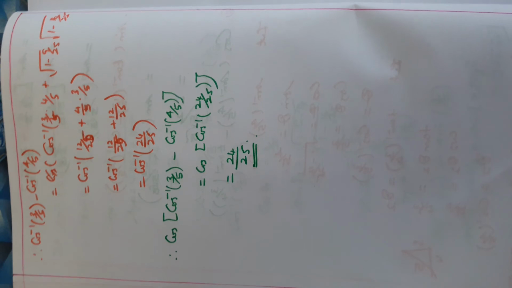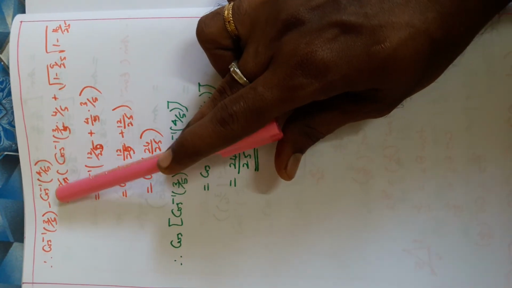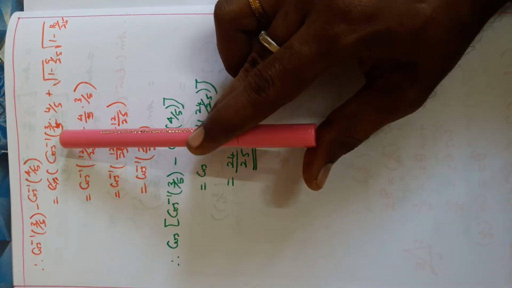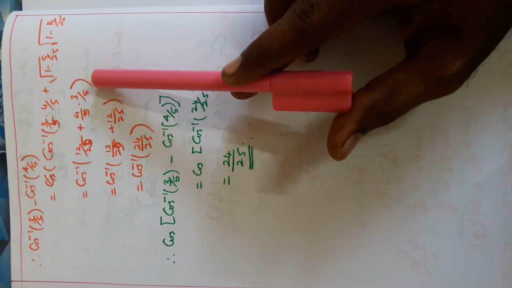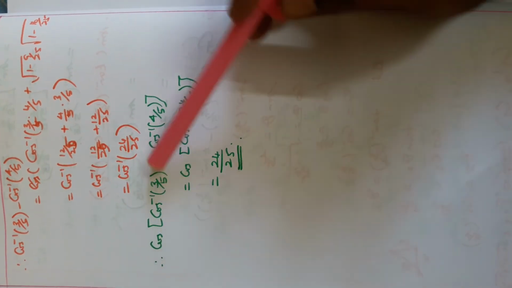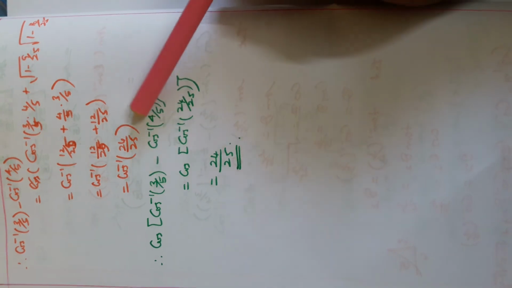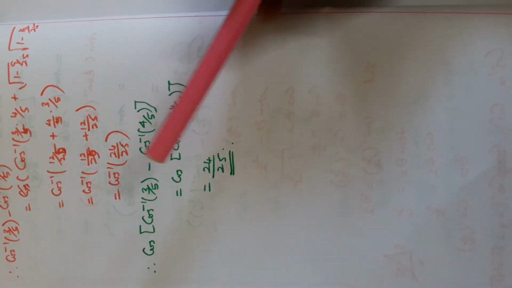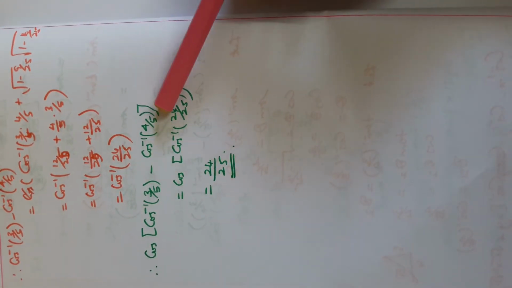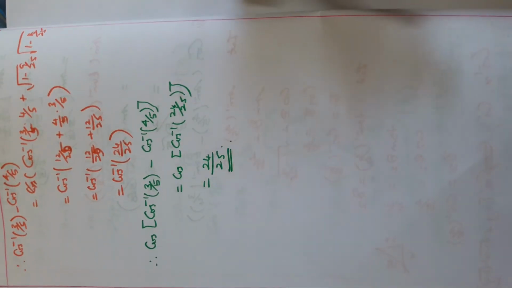So the answer is, therefore, cos inverse of 3 by 5 minus cos inverse of 4 by 5, replaced in the formula, your answer will be cos inverse of 24 by 25. Therefore cos inverse of 3 by 5 minus cos inverse of 4 by 5 is cos inverse of 24 by 25. That is, your answer is 24 by 25.